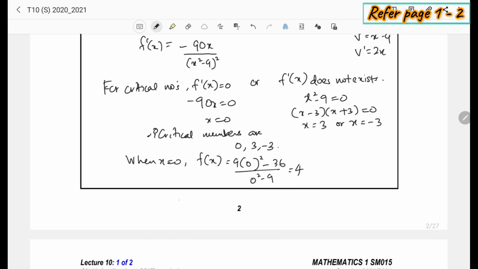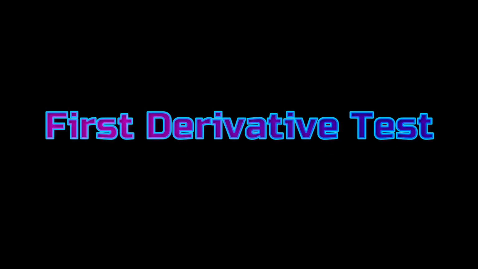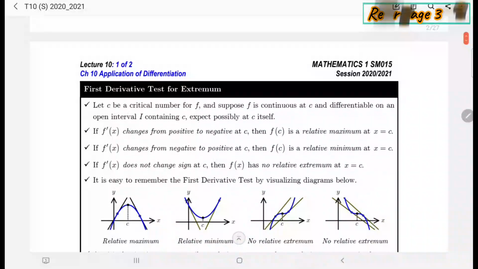So we have 4. So hence the critical point is (0, 4). First derivative test. So let c be the critical number.